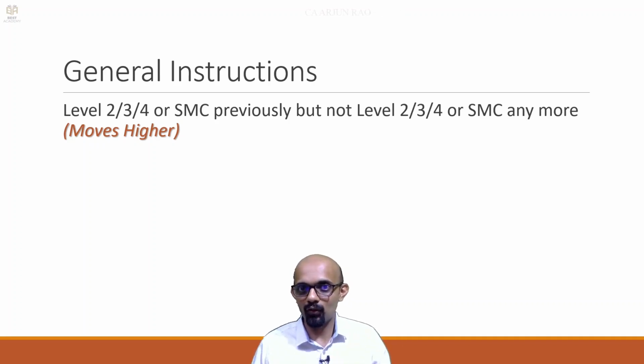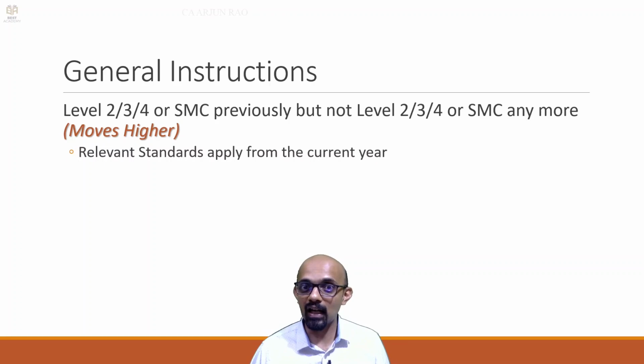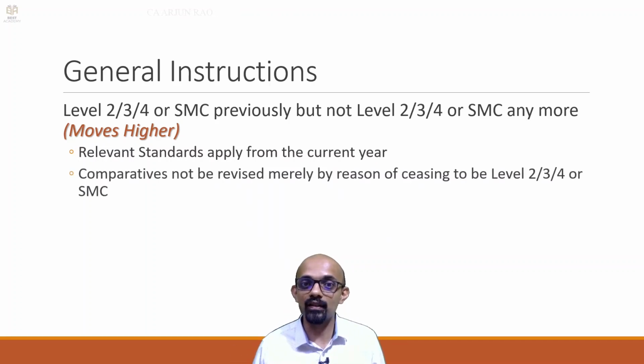Because when you move higher, more accounting standards become applicable. Does it mean you have to change the values for the previous year? No. We will apply the relevant standards only from the current year, we will not change the comparatives, we will not restate them.